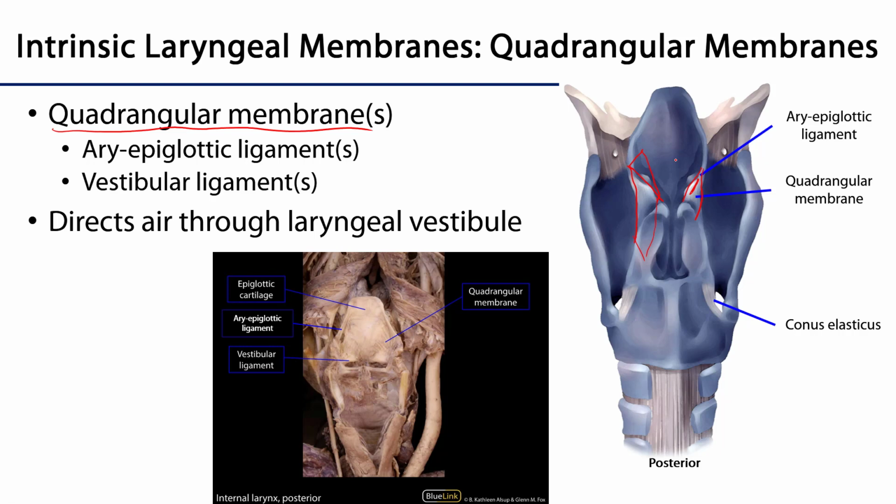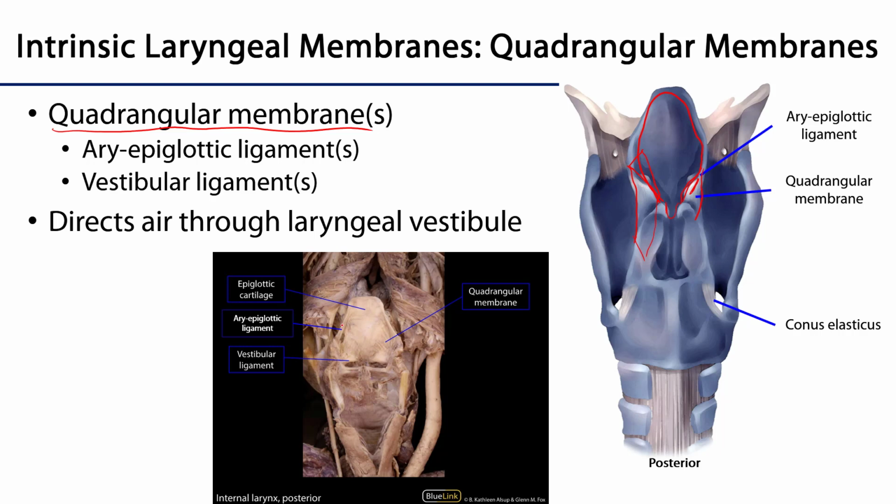These aryepiglottic ligaments are forming the margins, as well as the interarytenoid notch there, of the laryngeal inlet. So these quadrangular membranes really help to shape the opening between the larynx, in particular the laryngeal vestibule, and the pharynx, or the laryngopharynx, if we're being specific.